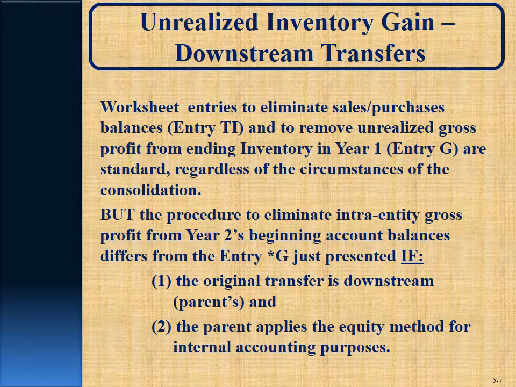You're going to do those 2 entries every year. But the procedure to eliminate intra-entity gross profit from year 2's beginning account balances differs. So if the original transfer is downstream, the parent sold to the subsidiary, and the parent applies the equity method, that's what we're talking about.